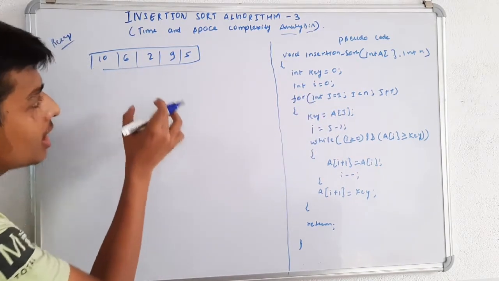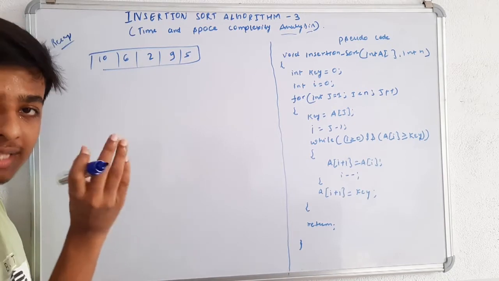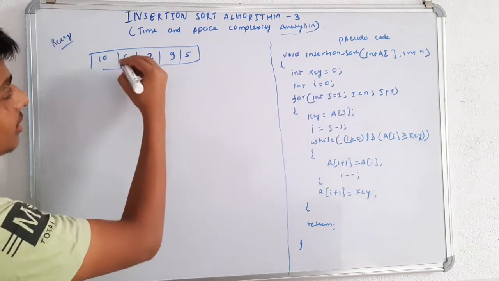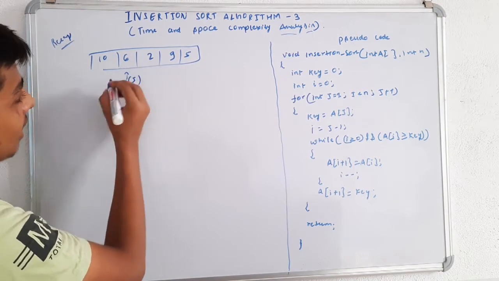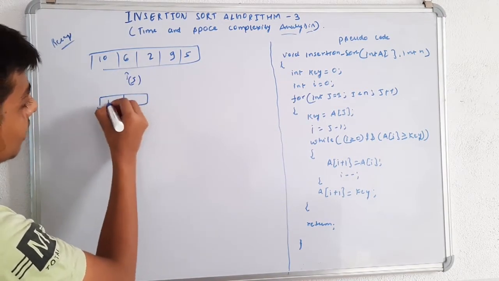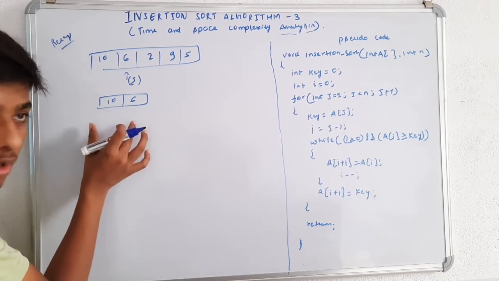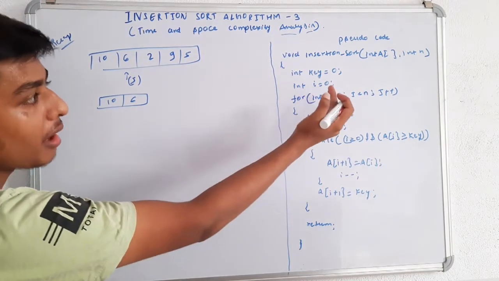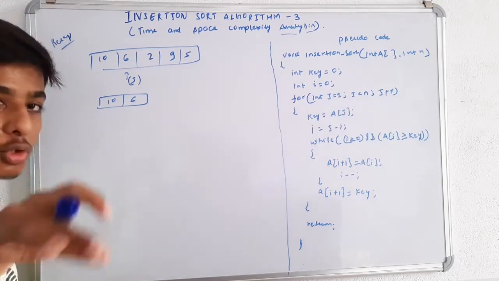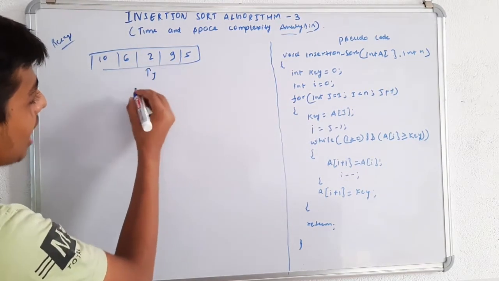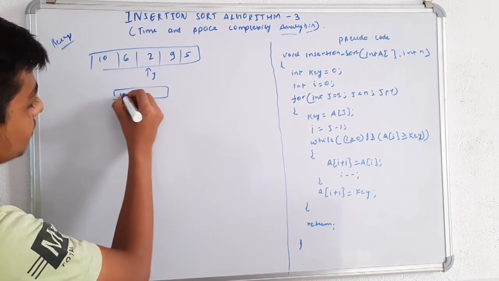With the help of j, I will fix the size of the subarray. If the value of j is 1, then j will be somewhere here, which means the size of the subarray is 2, so we have to sort this subarray first. When the value of j becomes 2, j will be here and we have to sort this subarray.